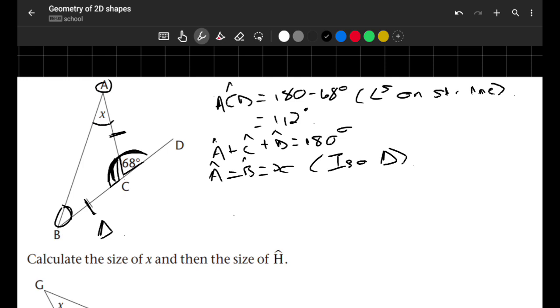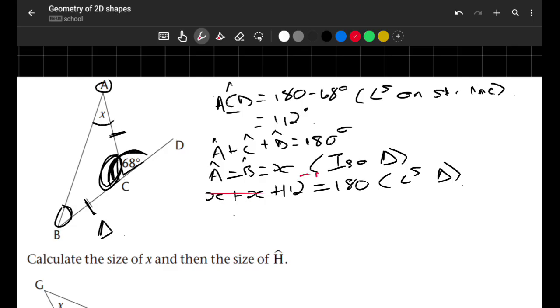So then now we continue. We substitute inside. We know that angle C here is 112 degrees. So we're going to say angle A is x plus angle B is x plus angle C is 112 degrees equals 180, sum of angles in triangle. Then we simplify this.